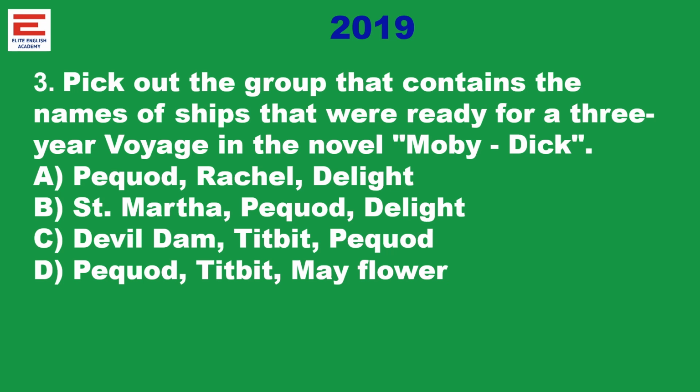So they are ready for a voyage of three years. So it is a factual question. Devil Dam, Tidbit and Pequod. So these are the three ships. They were waiting to set sail for a three-year journey. And here all the other options also refer to ships.